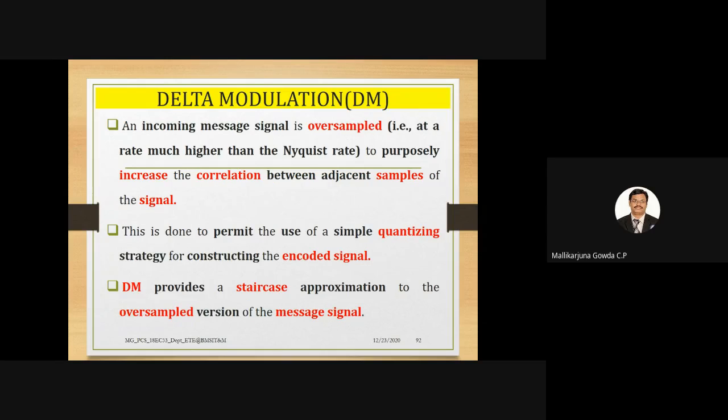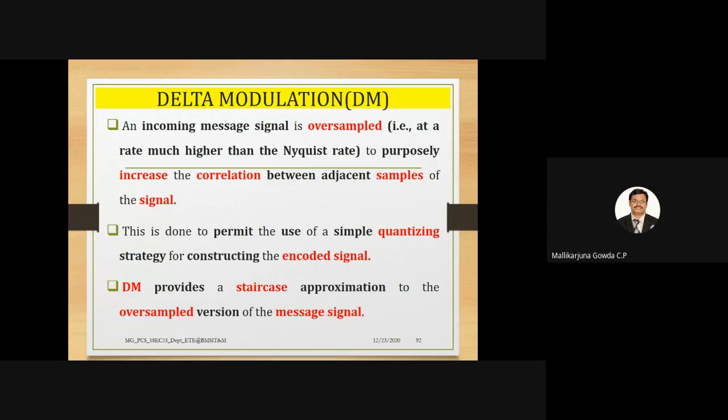Why is it done so? It is done to increase the correlation between the adjacent samples of the signal, so that the incoming signal is sampled at a much higher rate than the Nyquist rate. Why is it done?